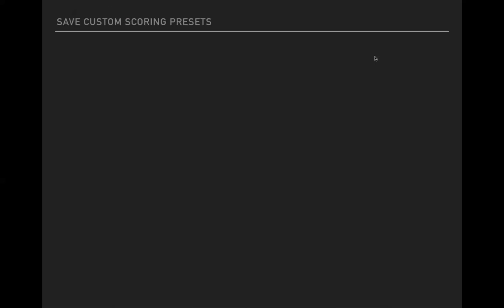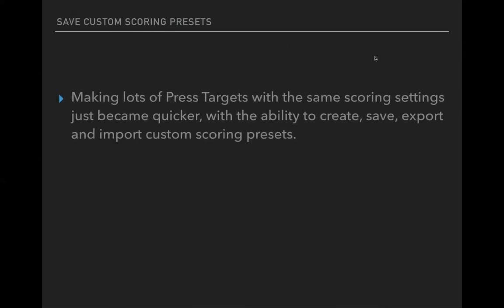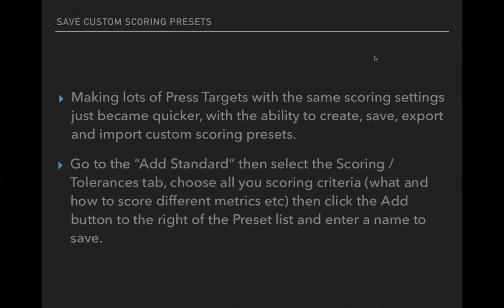Okay, so some people make lots of press targets and they want to use the same scoring criteria for all of the press targets that they make, because obviously it's a good idea to score in a consistent way from press target to press target.